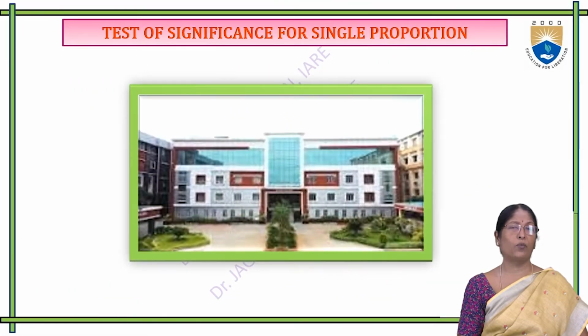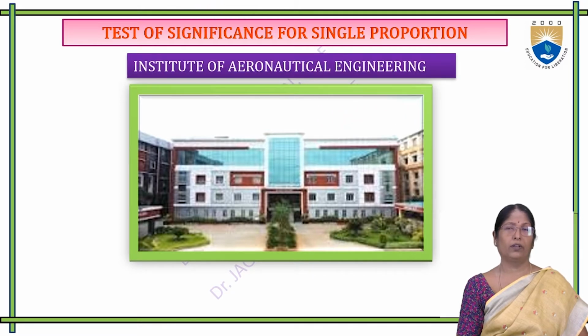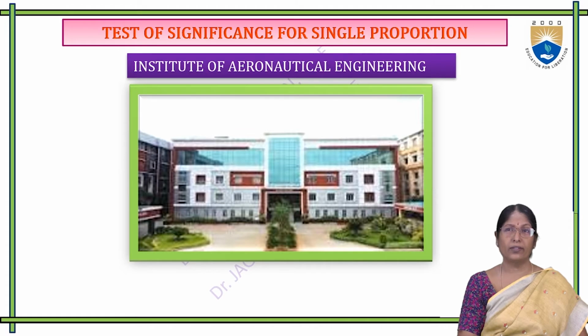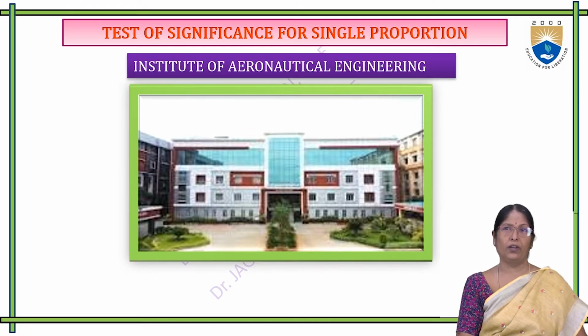To understand this more clearly, here is a good example. Suppose we want the academic status of engineering colleges in Telangana. The total engineering colleges in Telangana is the population.